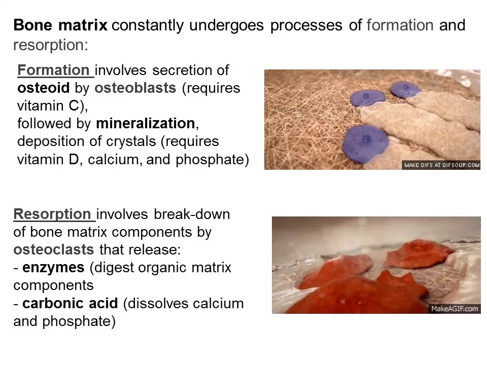Bone formation. As you remove it, you have to replace it. If you remove it too quickly and you're not replacing it fast enough, that's what happens with your bones as you become older. That's how your bones become thinner and more brittle. And we'll talk about that when we get to the aging part at the end of this unit.